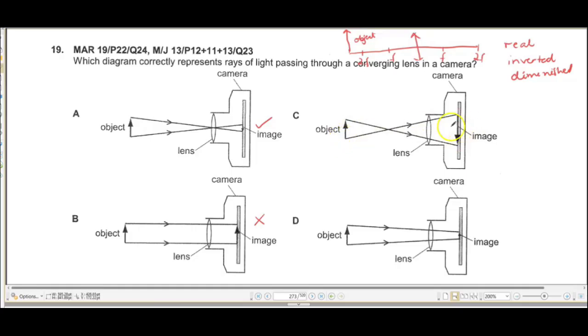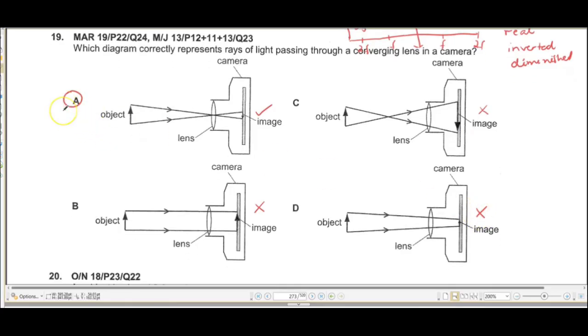It is inverted, it is real, but the image size is much greater than that of the object. So this does not happen. And when we look at this option, the problem is that the image is upright. It has to be inverted. So this is also not correct, and A is going to be our correct option due to all these reasons.